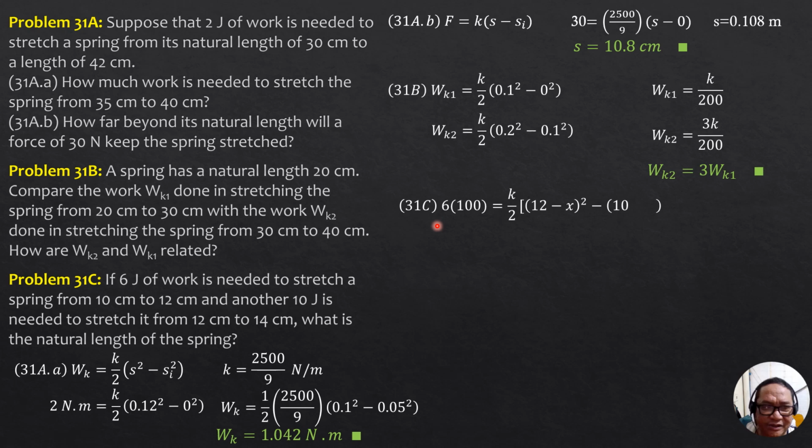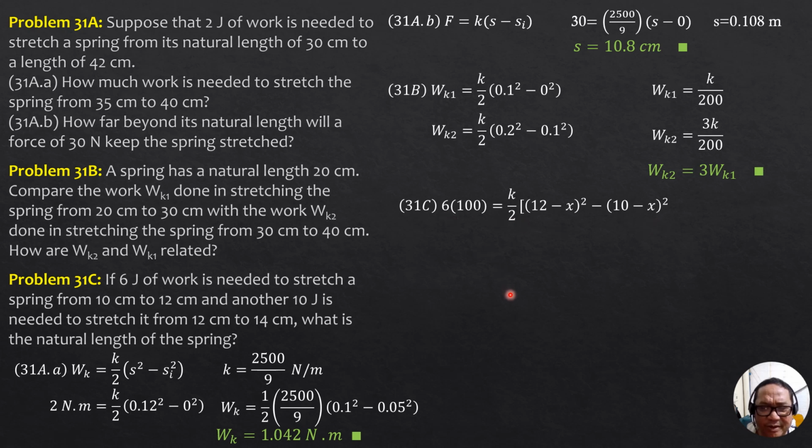So 6 joules times 100 cm, 6 Newton meter times 100 cm, so this is 600 Newton centimeters equals K over 2 quantity. The spring is stretched from 10 to 12. So final displacement would be 12 minus x, 12 minus natural length, quantity square minus initial, which would be 10 minus x quantity square.